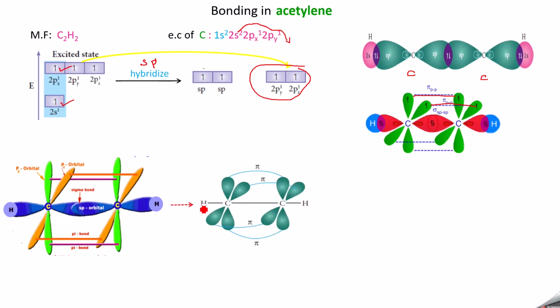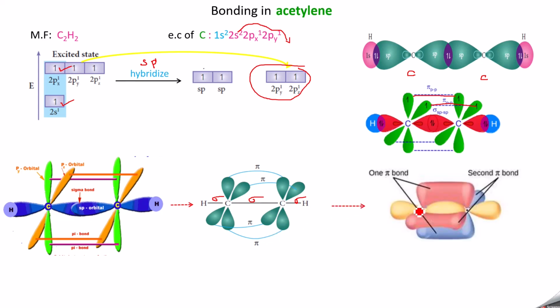So like this. This CH is a sigma bond, and this is also a sigma bond, this is also a sigma bond, because they undergo head-on overlap. Now these two will undergo lateral overlap to form a pi bond. So one lobe of a pi bond you can show like this, the other pi bond lobe you can show like this.